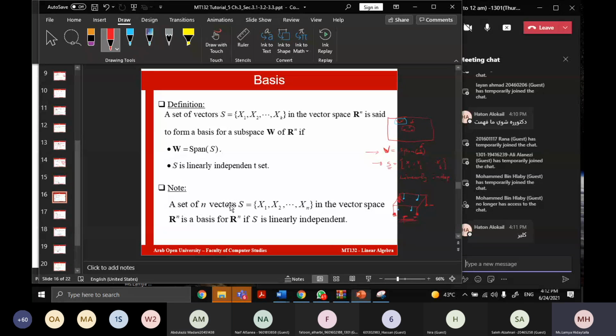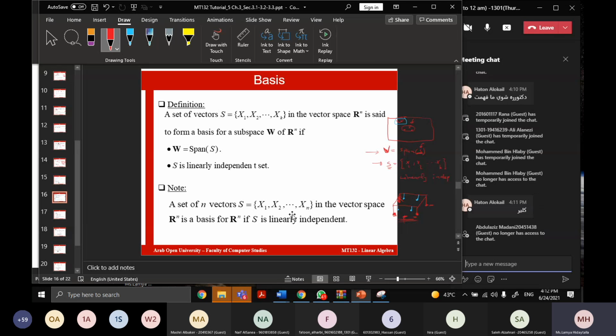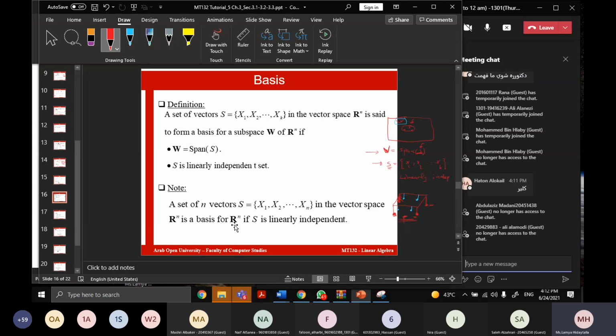A set of n vectors S equal to x1 to xn in the vector space Rn is a basis for Rn if S is linearly independent. Now he makes life even easier.